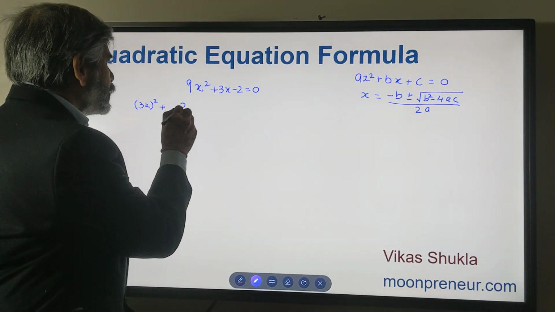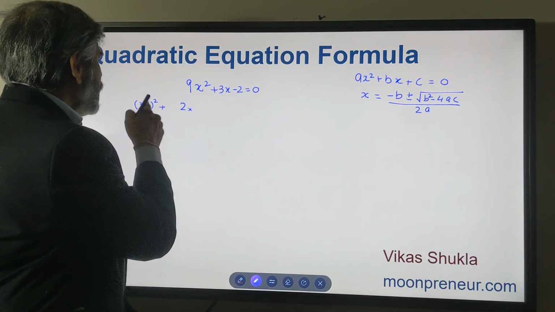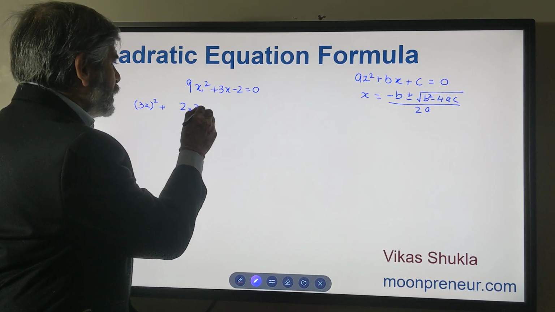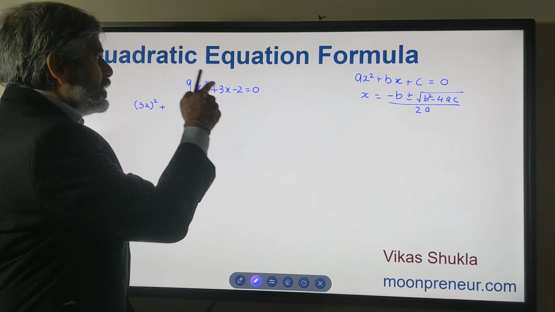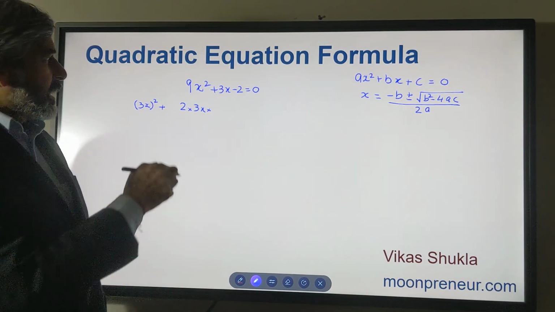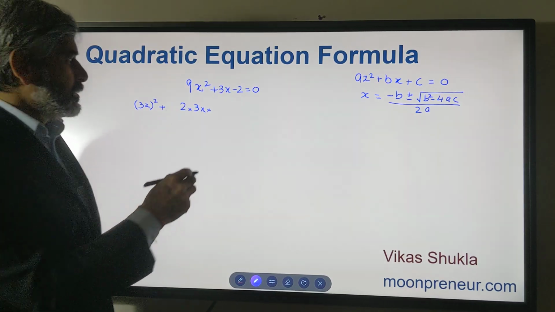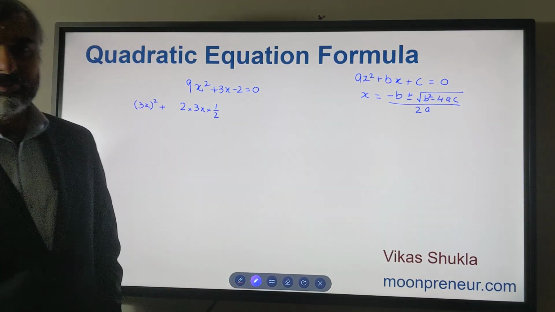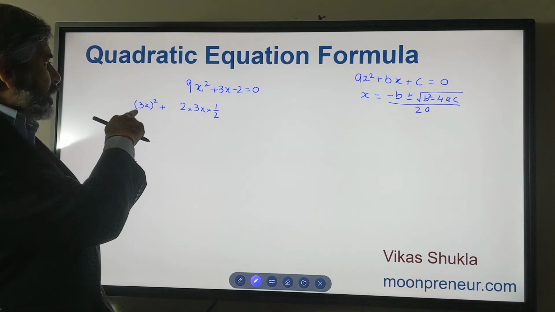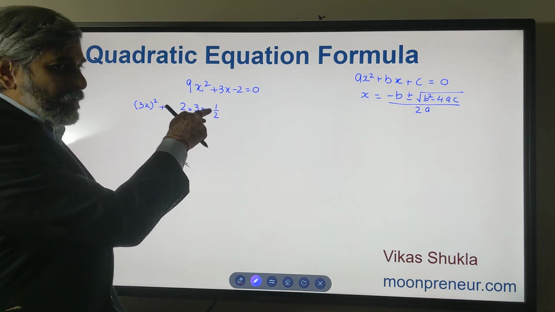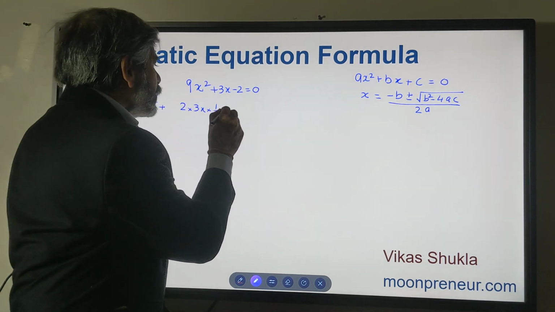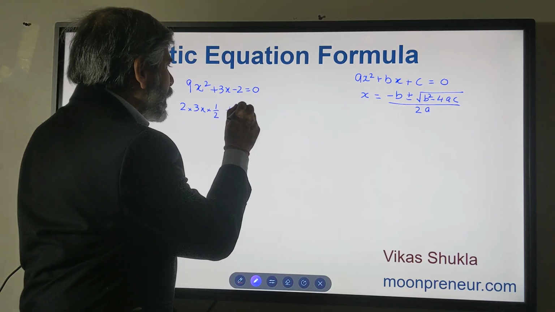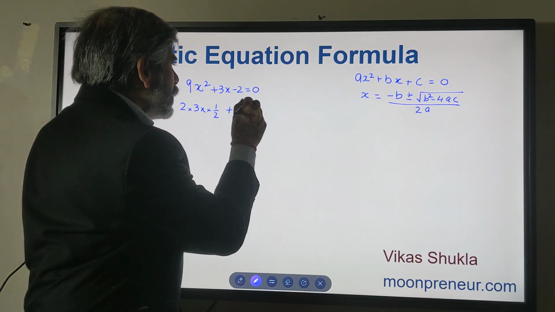So a is 3x, and b is what we need: right now we have 2 into 3x, so to make it 3x, I'm going to do 1 by 2. And now to make a square plus 2ab into a plus b whole square, I should have 1 by 2 whole square.